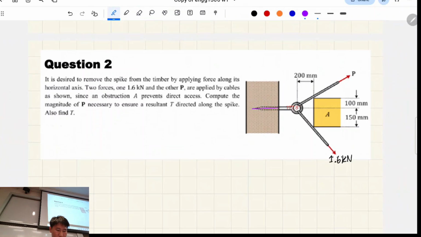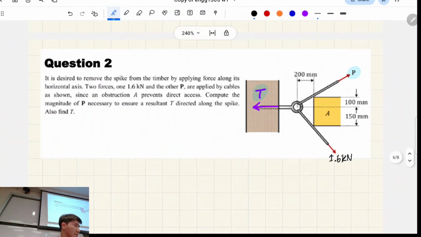And also there's this reaction force here, called T, which is an unknown that we're going to have to solve for. So essentially in this question, there's two unknowns. There's the tension into the wall, and then there's P, which is an unknown external force that's pulling up and right, yeah?